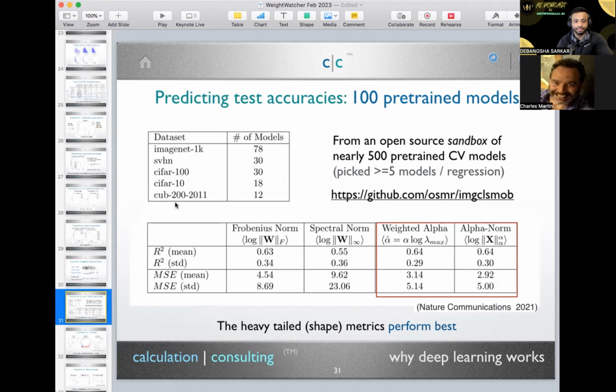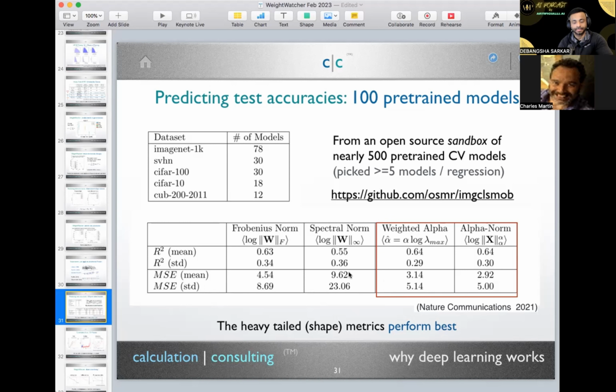Remember, this work is a little old. We compare various metrics like the Frobenius norm, the spectral norm, and the weighted alpha norm. You should realize that other metrics like the Frobenius norm and the spectral norm are not bad. They do work. If you just look at the scale of the weight matrix, that's not a bad metric. It's just nowhere as good as what we're doing.